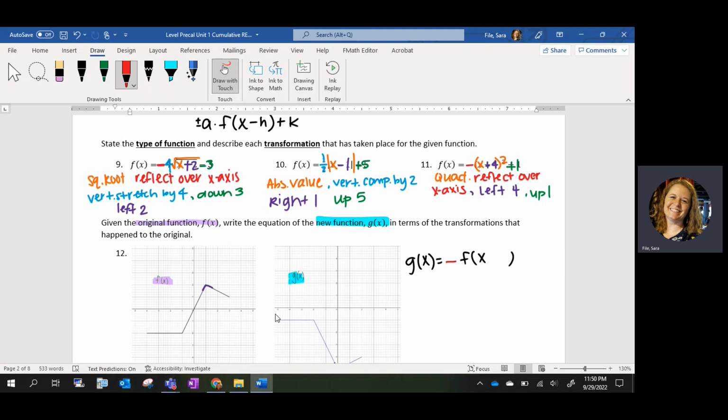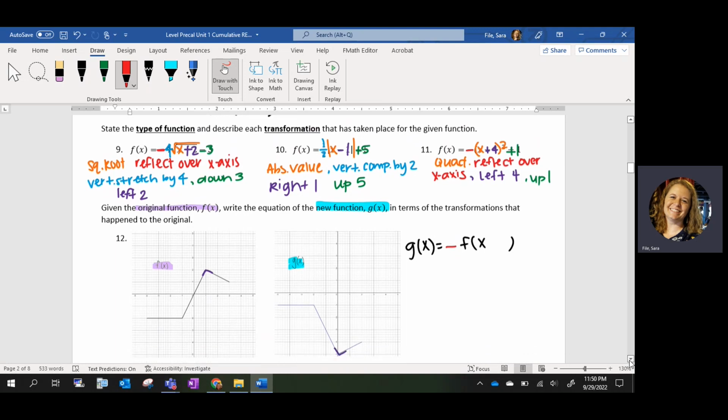Okay, and then you measure this, it goes from -5 to 2, so that's also 7. So it hasn't been horizontally stretched or compressed. And then how tall it goes from 2 to, so it's 4, 2, 3, still 4. So this is no stretch. So there's no a number. It's still the understood 1.